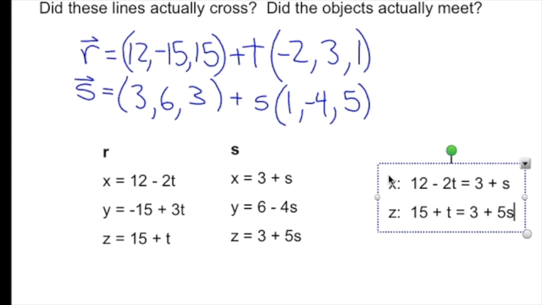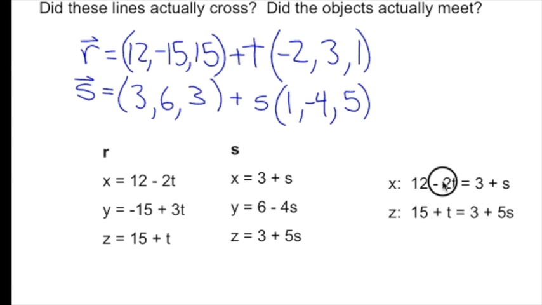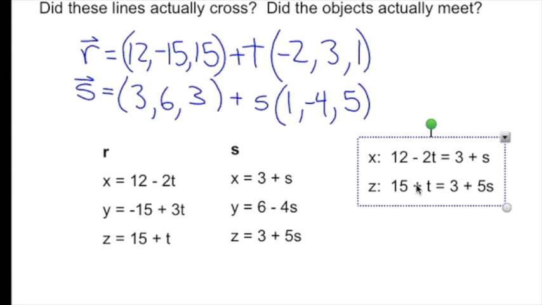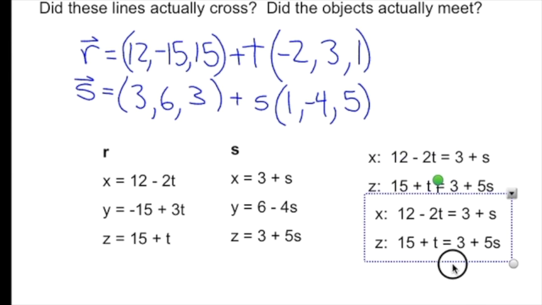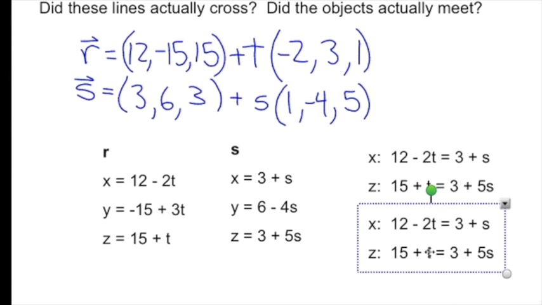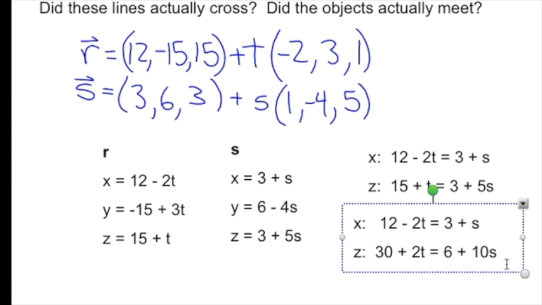Okay. And what I'm going to do here is multiply this z equation by 2. So that's going to give me 30 plus 2t equals 6 plus 10s.